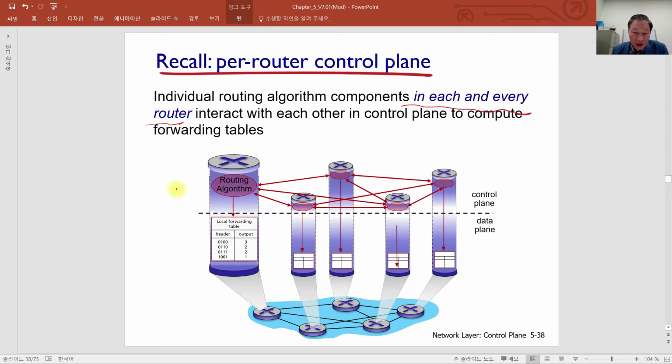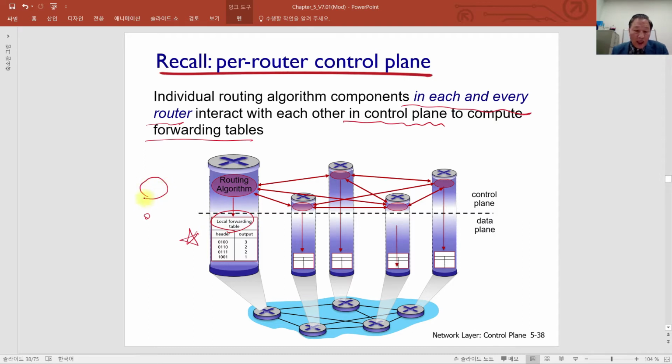They interact with each other in the control plane to compute forwarding tables. The main focus here is to calculate that forwarding table.